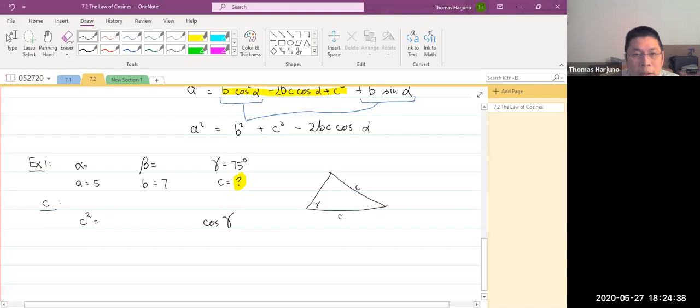Let's say this is A and this is B. So A squared plus B squared minus 2AB cosine alpha. So C squared equals 5 squared plus 7 squared minus 2 times 5 times 7 cosine 75 degrees.